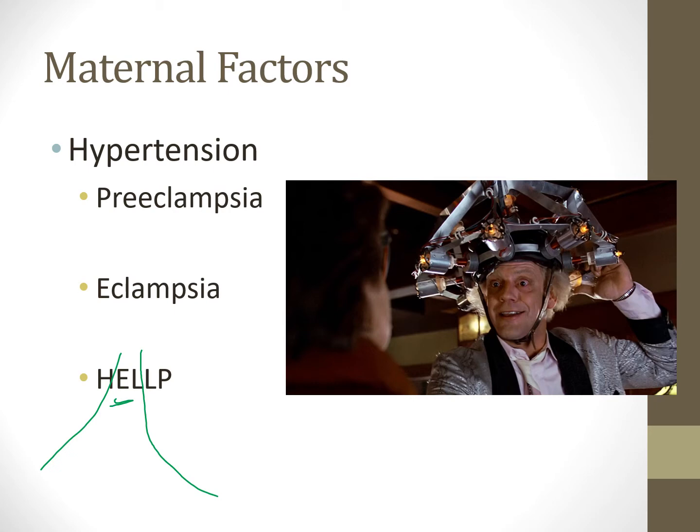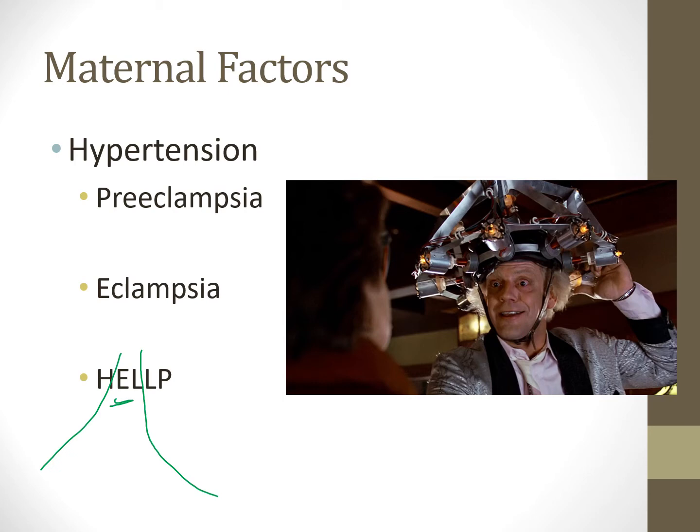Why do I want to know? Well, it's one of those things that can complicate a pregnancy. HELLP syndrome is subsequent to high blood pressure. It usually indicates some sort of pregnancy-induced hypertension or preeclampsia.